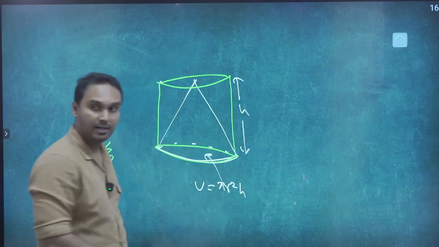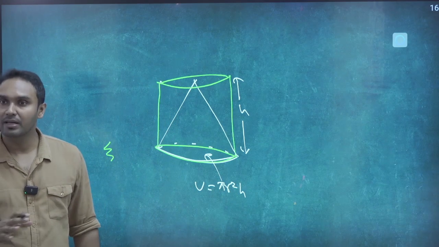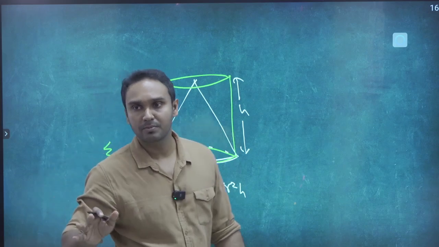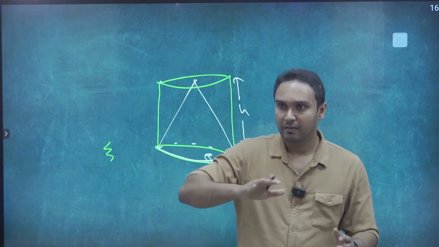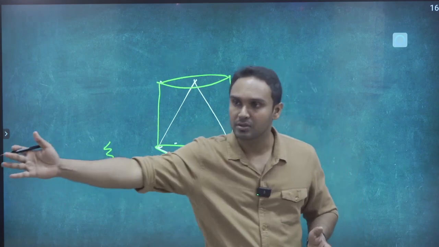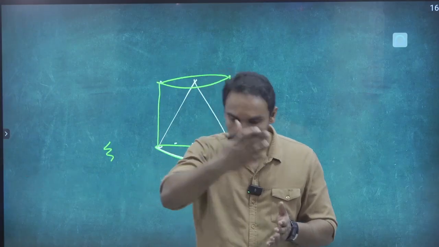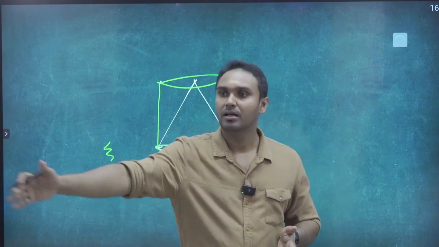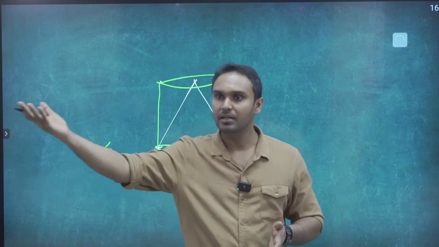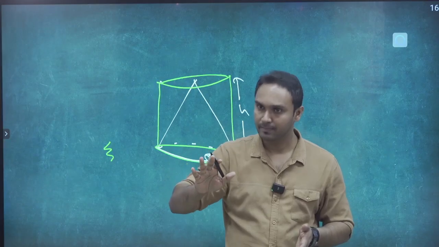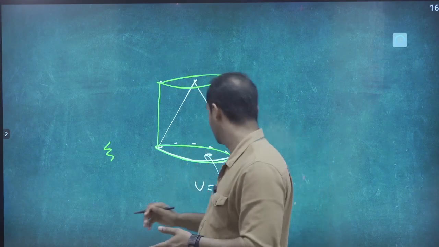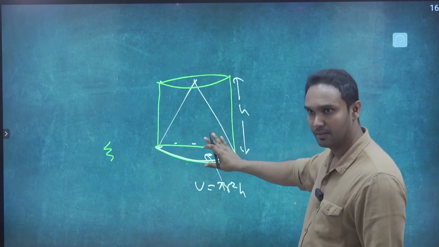That is the same for each and every uniform object whatsoever it is. If one cross-sectional area continues uniformly, the cross-sectional area into that uniform length will be the volume. That is the first thing to take from here.